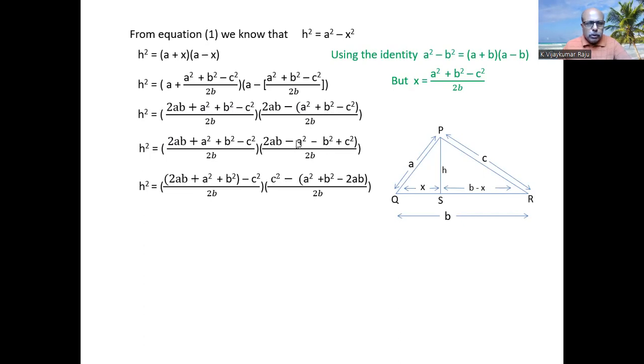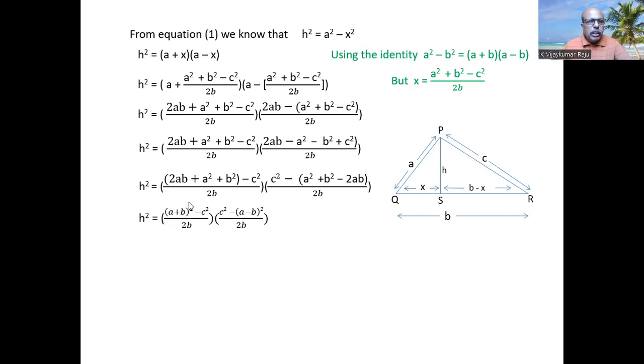When you put this bracket, this minus when you take, it will become positive A square. This also will become plus, minus plus is minus. And this is positive, so it will become minus minus plus. So that means it becomes A square plus B square minus 2AB. And this is A square plus B square plus 2AB. This is again an identity. What is it?